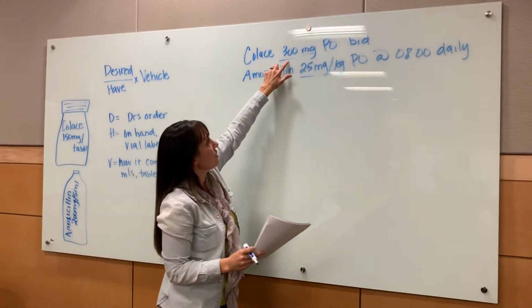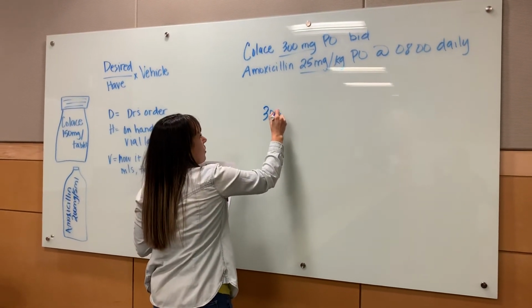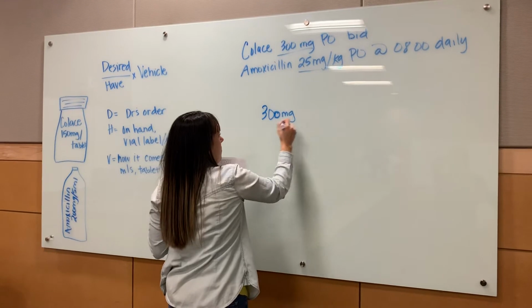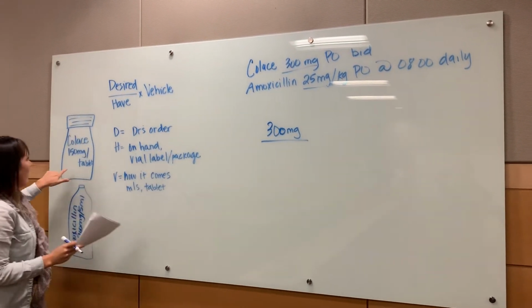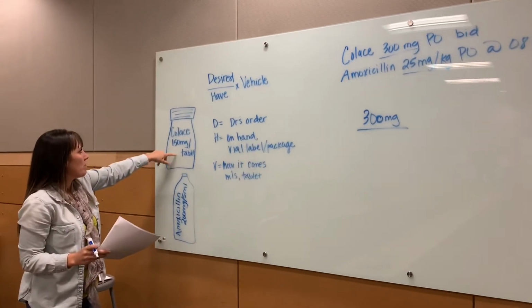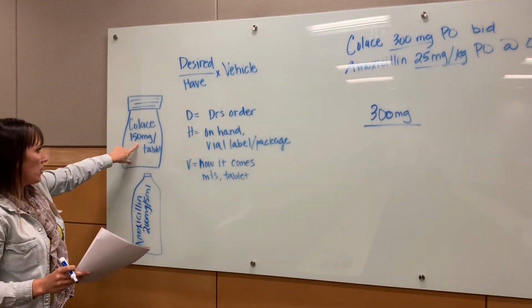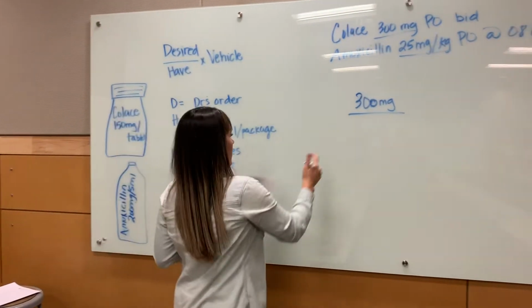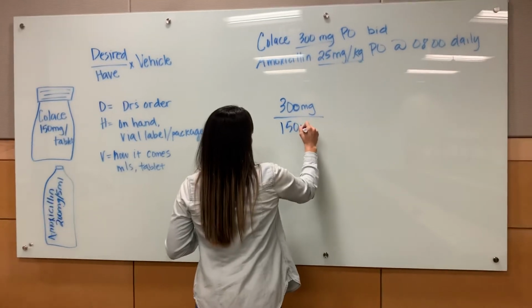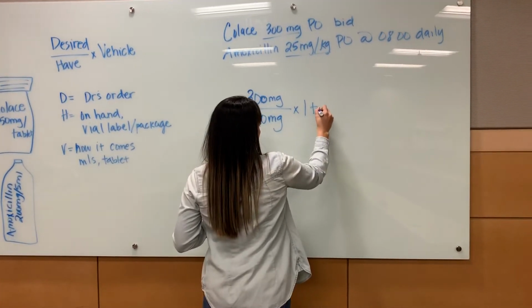This is the doctor's order, 300 milligrams. That's our desired. Well, what's our have? If you look over here, I have a little bottle that I drew. So the bottle says that there's 150 milligrams per tablet. So what we have is 150 milligrams. What's the vehicle? 1 tablet.